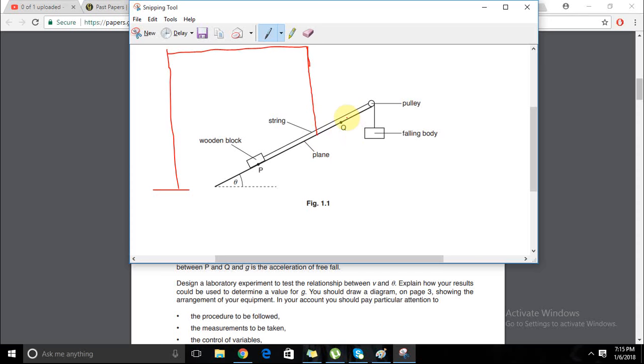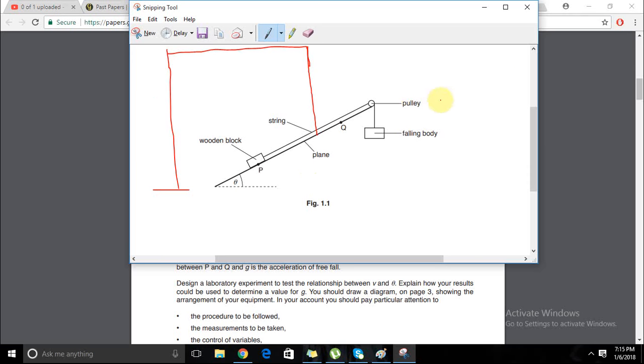Now you need to keep this inclined plane fairly stable, because you don't want the whole setup to be jostled, right? So you measure this with a protractor, and the control of the variables is something I believe I already mentioned.